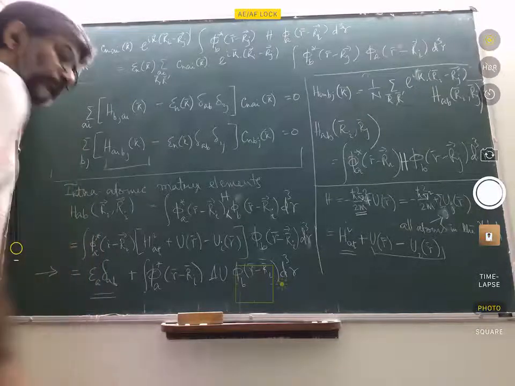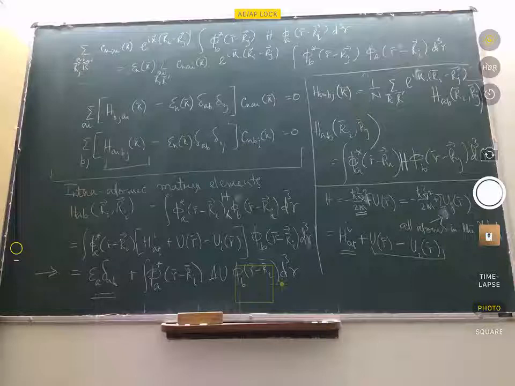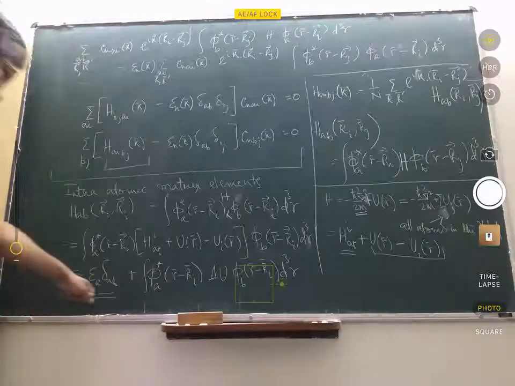Sir? Yes? In the rightmost part of the board, what have you written? All atoms in the crystal. Okay. And sir, in the leftmost part of the board, if H atomic acts on phi b, that should give you Eb phi b. We're talking of this?